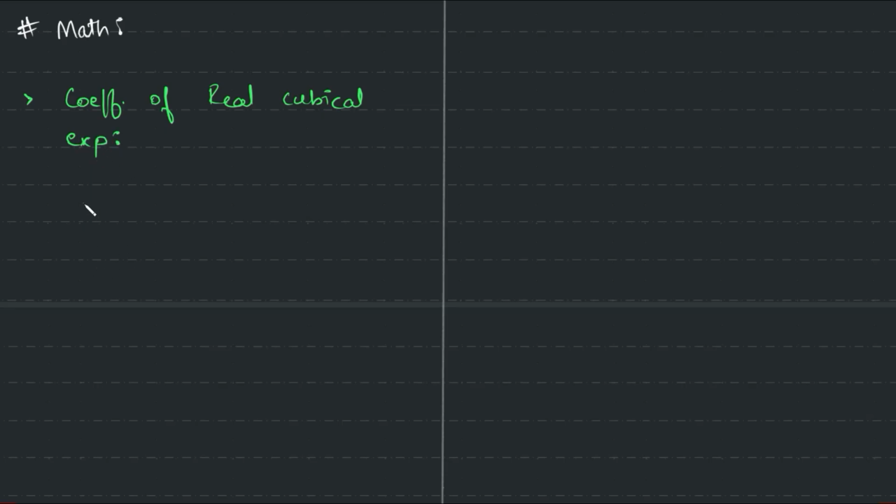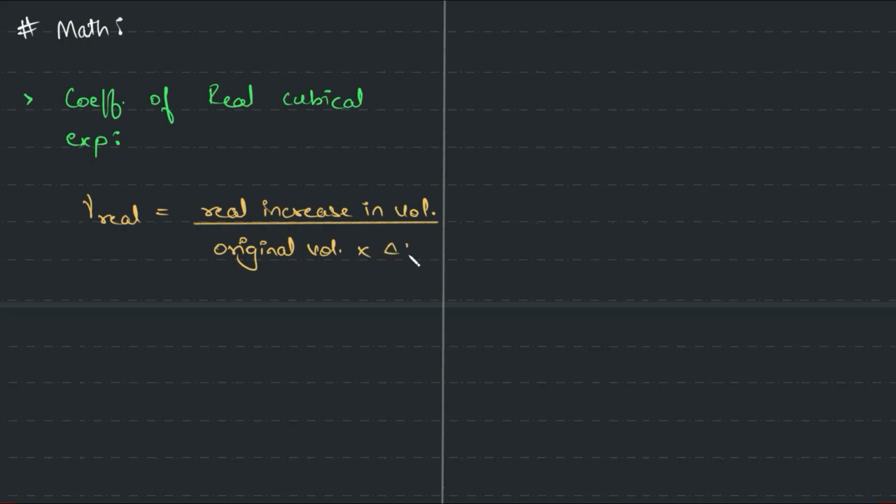So gamma real is equal to the real increase in volume, this entire thing divided by the original volume times the change in temperature.